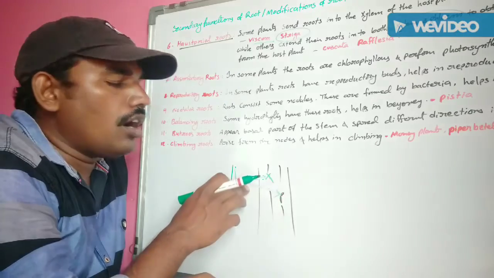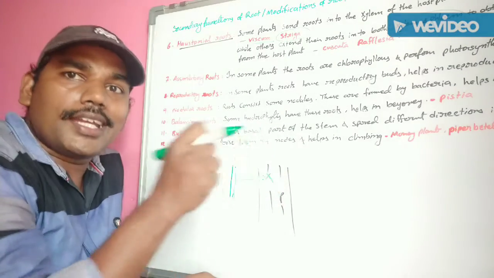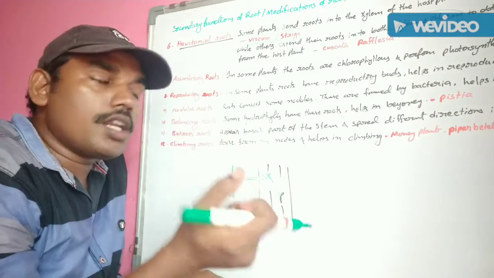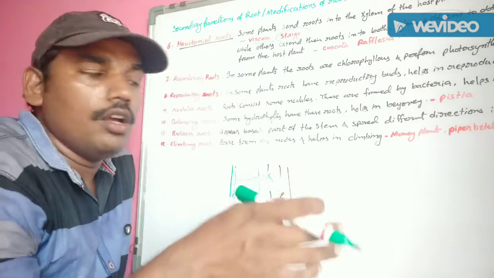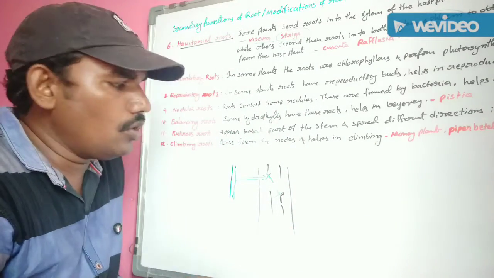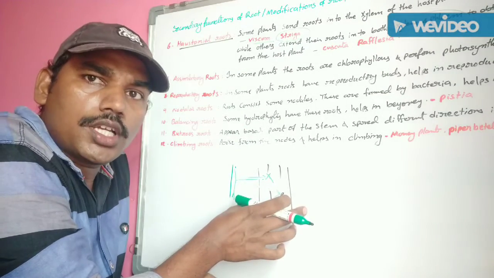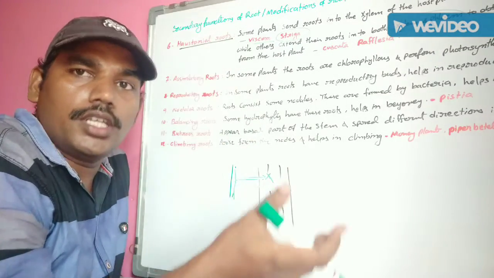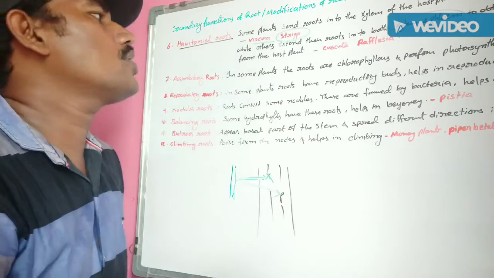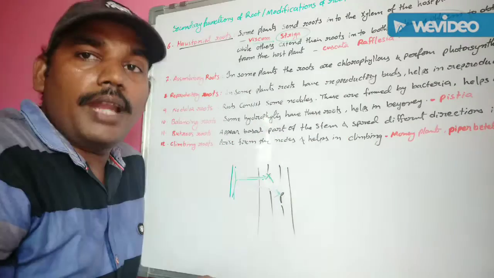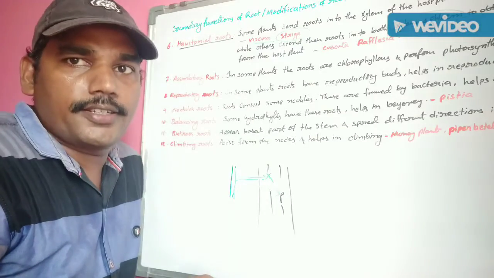So these haustorial roots get water and minerals and also food materials from the host organism. This plant is completely dependent on the host organism for its water and food materials. This type of plant is known as a complete parasite.